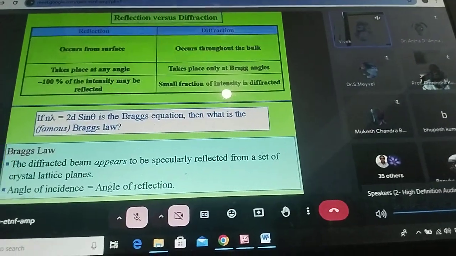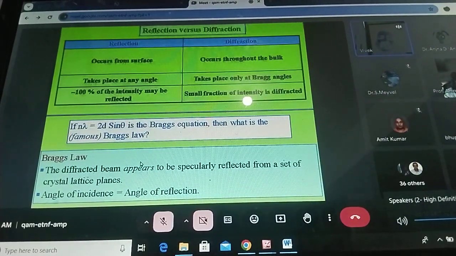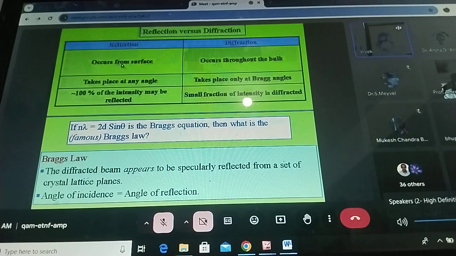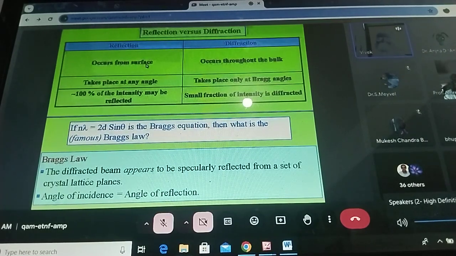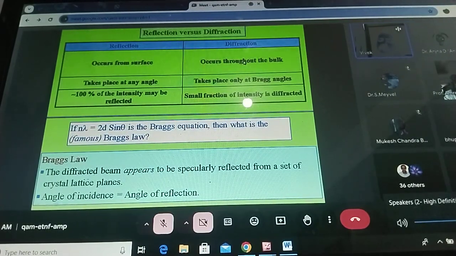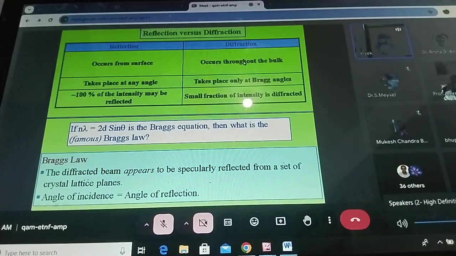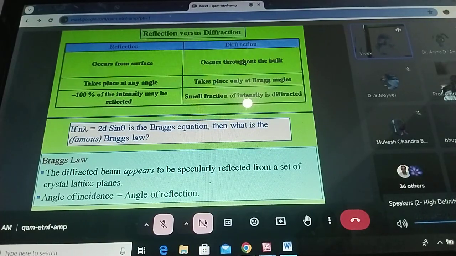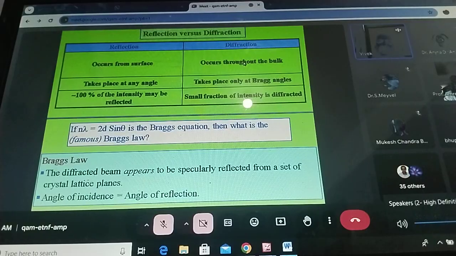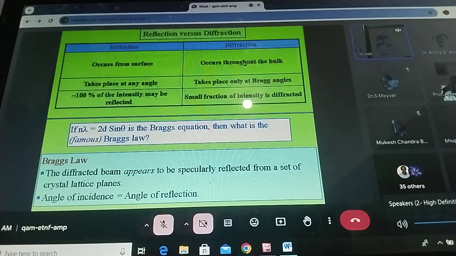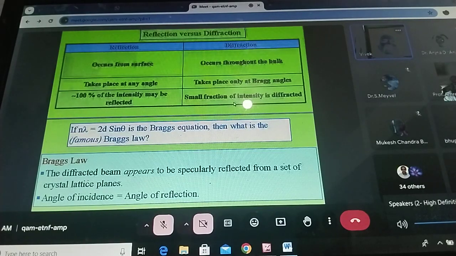Reflection occurs from surfaces. X-rays cannot be reflected from surfaces, they will penetrate. Diffraction occurs throughout the bulk, meaning throughout the sample. X-rays will penetrate and give energy to its constituent particles, which will vibrate and themselves become a source of electromagnetic radiation.